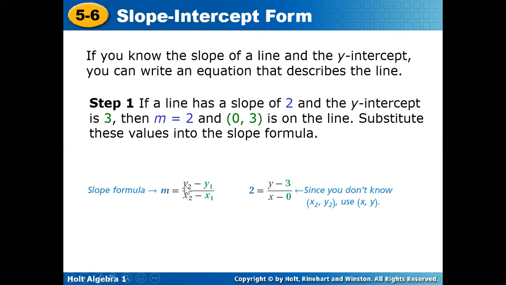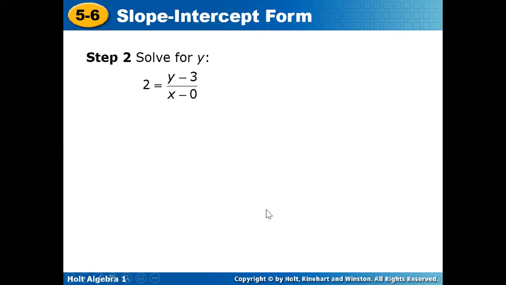M is equal to the change in y. If we're using coordinates, if we had 2 points, we'd be able to find out what our slope is, and we'll do that in a minute, right? You don't know 2 coordinates, so you can't use that formula, right?